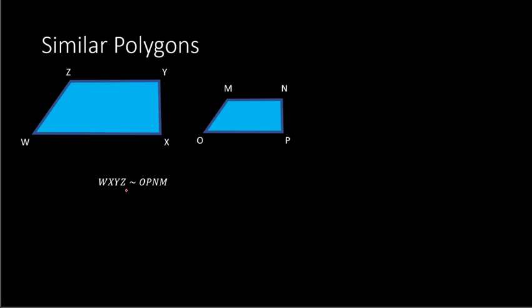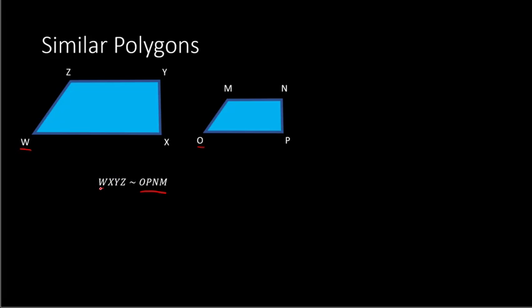And then that's similar to, here we see the similar symbol, then we have O, P, N, and M. And again, the order makes a difference when naming that second polygon, because if we do a W first when naming the first polygon, we need to use an O first over here. Those are corresponding.